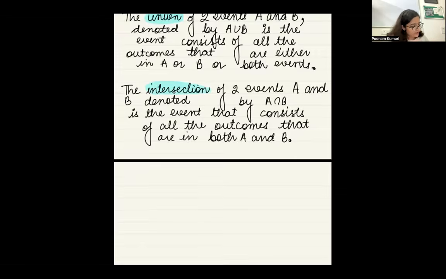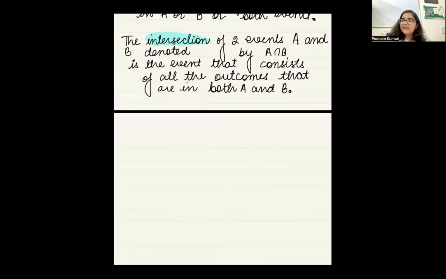Okay. Now, besides that, there is something called a null event. Because there is a null set, we have to define something called a null event. Let phi denote the null event.